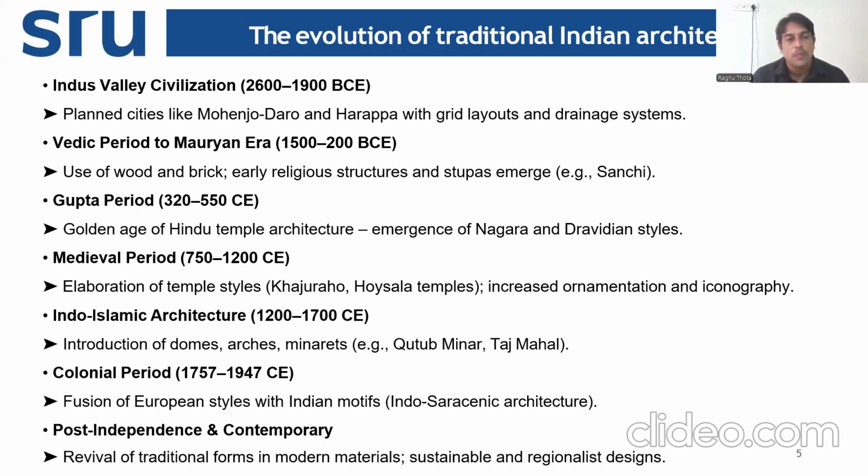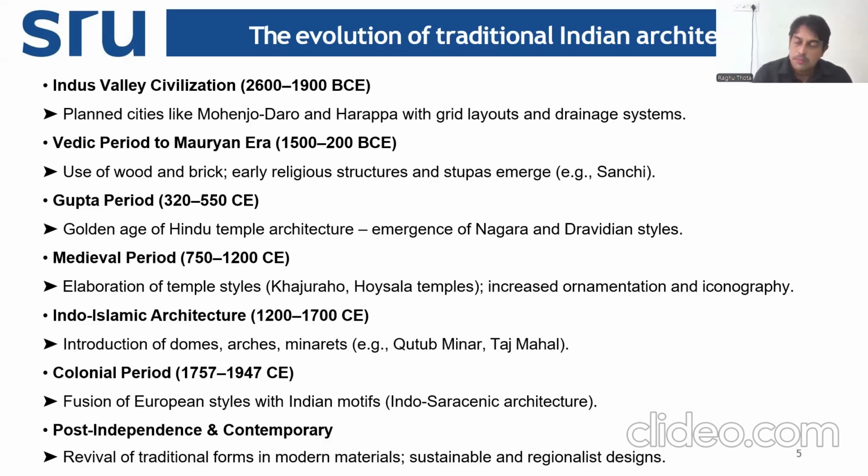Medieval period: elaboration of temple styles, Khajuraho, Hoysala temples, increased ornamentation and iconography. And Indo-Islamic architecture: introduction of domes, arches, minarets; Qutub Minar and Taj Mahal are examples of Indo-Islamic architecture. Colonial period: fusion of European styles with Indian motifs.